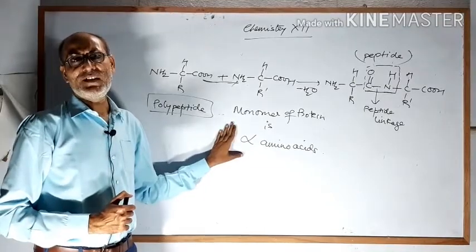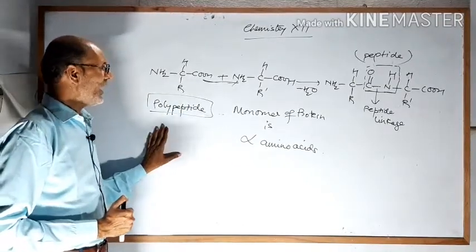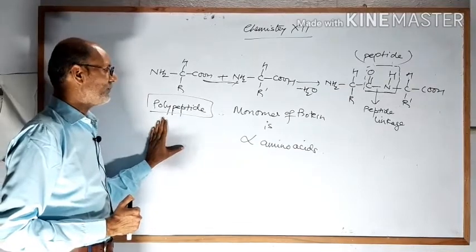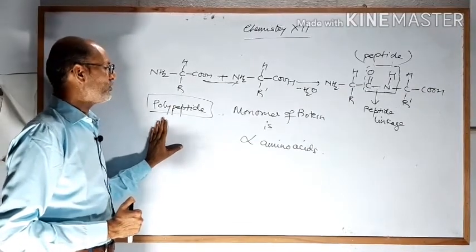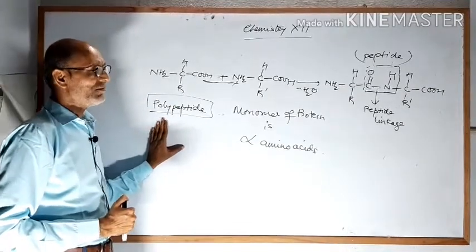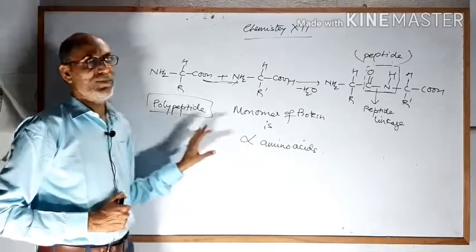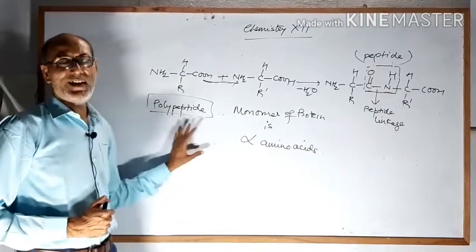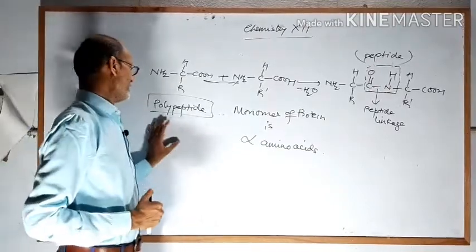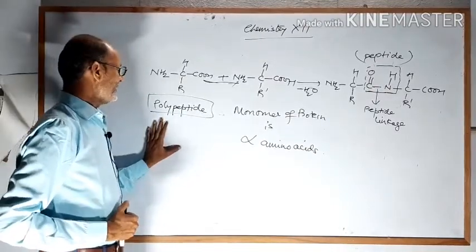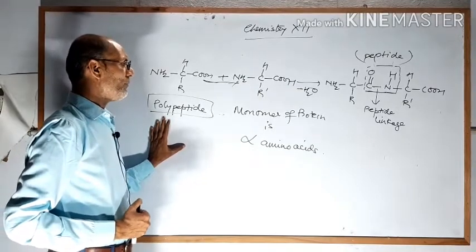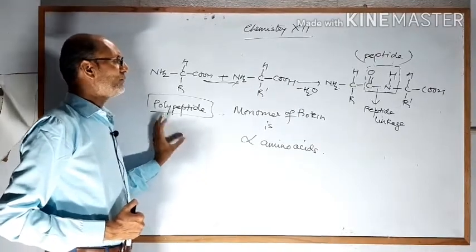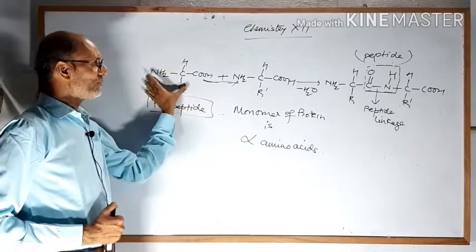Other name of protein is polypeptide, or you can say protein and polypeptide are the same thing. Protein is the common word that can be used by the general person, while polypeptide is for chemical and educational purposes, and it is a long chain of small monomeric units of amino acid.